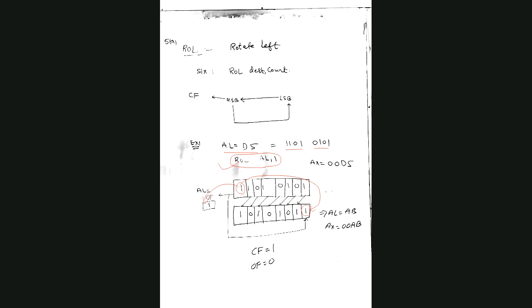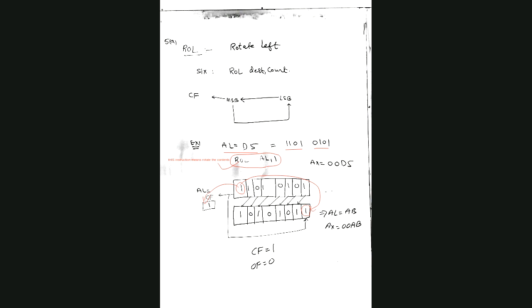This instruction means rotate the contents of the AL register left by 1 bit.